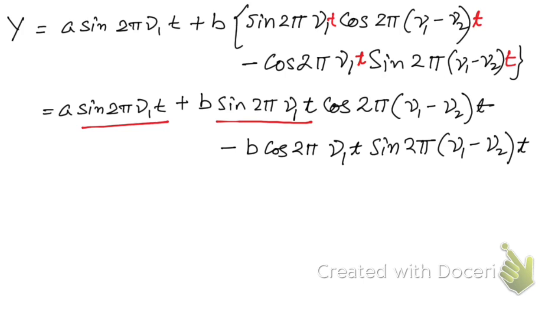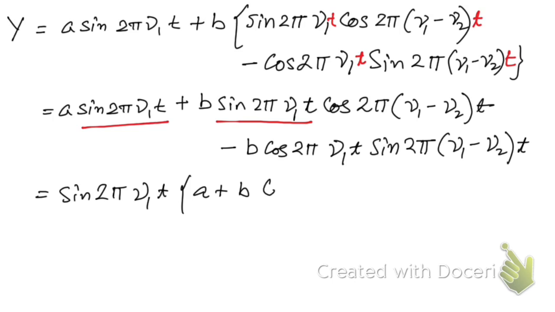So sin 2 pi nu1 t is taken common. Then within bracket we're going to have a plus b; these red underlined terms are taken common.